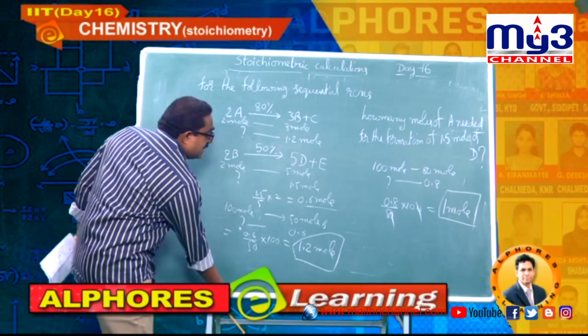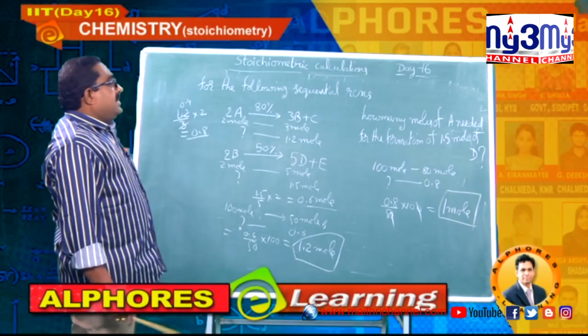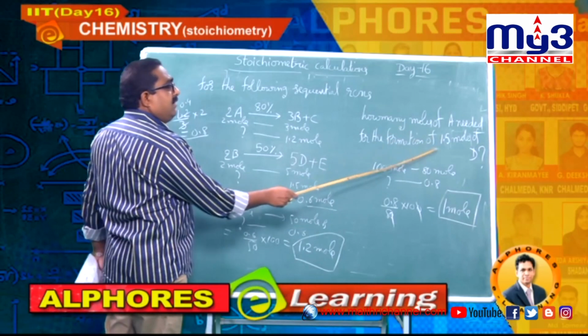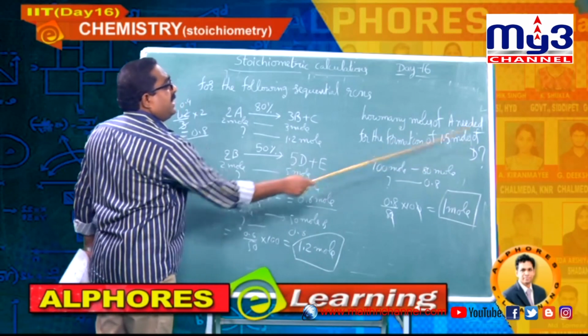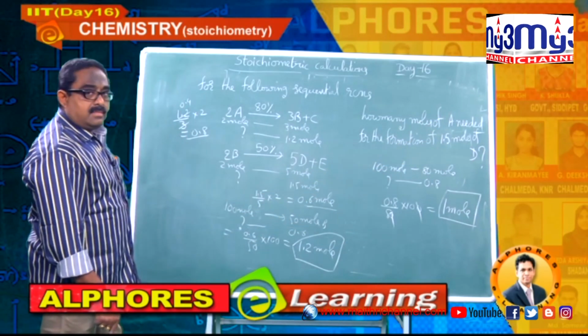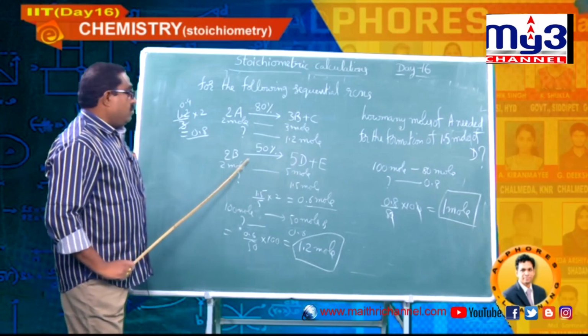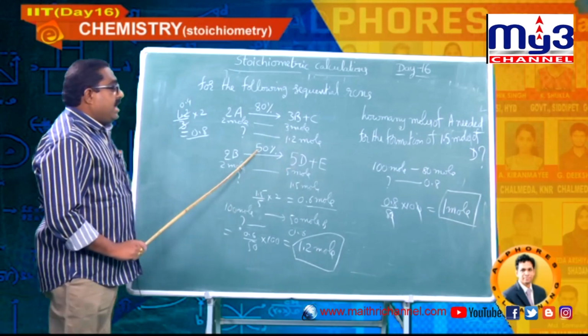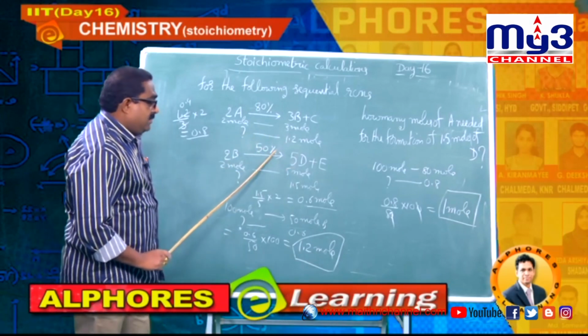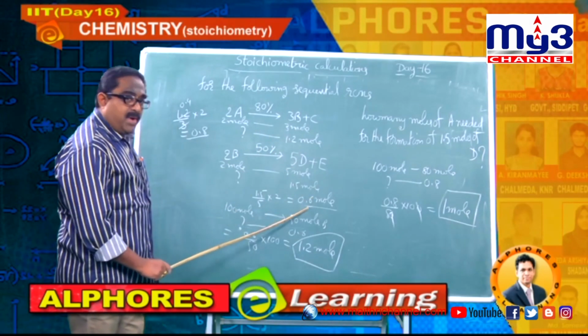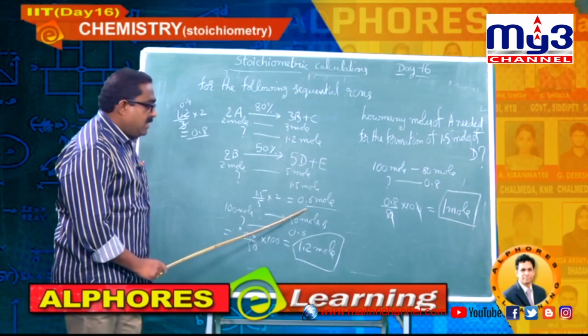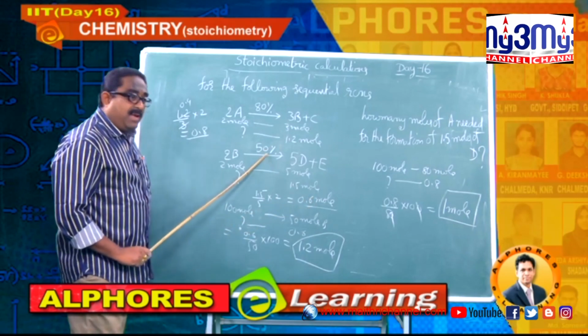Let me explain once again, students. Here our target is to form 1.5 moles of D. This is the second equation we should follow. 2 moles gives 5 mole. Forget about this 50% for some time. 1.5 moles should come from 0.6 as per stoichiometry. But it is given as 50%.